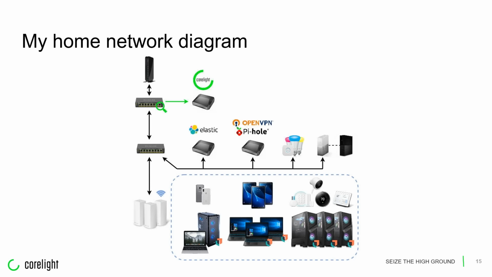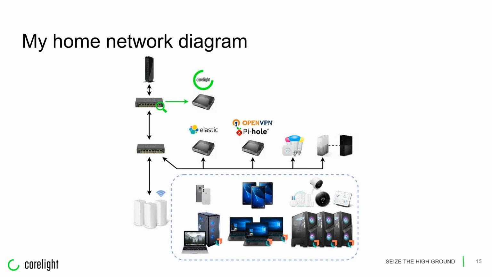So to give you an idea, starting at the top left, we have my modem, coming in from the ISP, my demarc. I have that passing through, like Richard was talking about, one of those managed switches, maybe cost me about $30. Now I have that very strategically placed, as you can see, before the next switch that goes to everything else that I have at home.